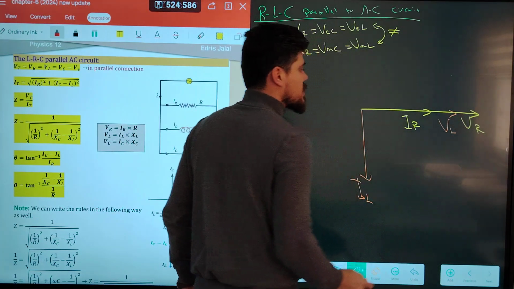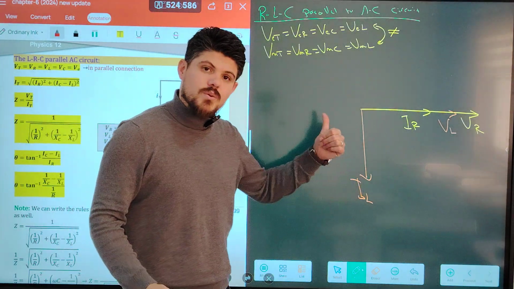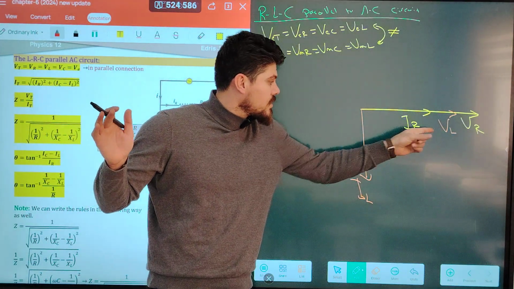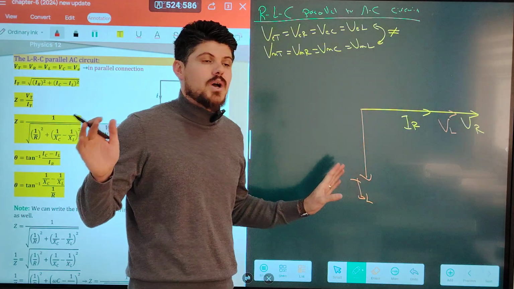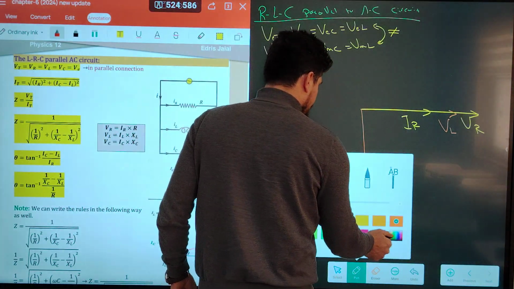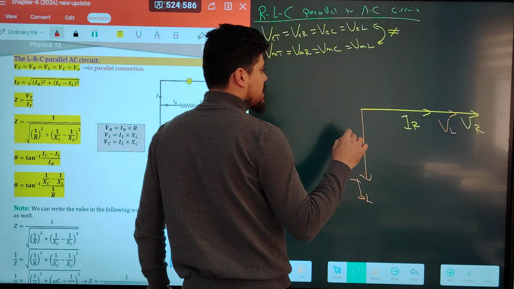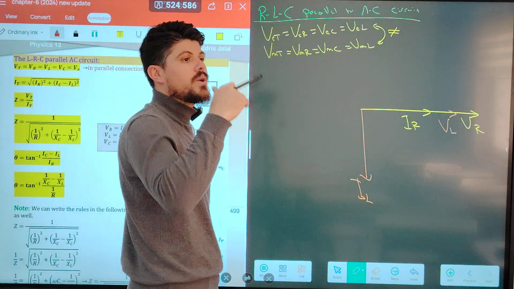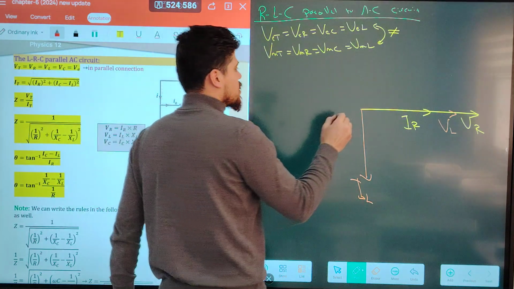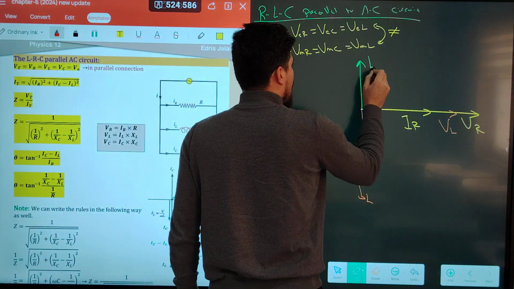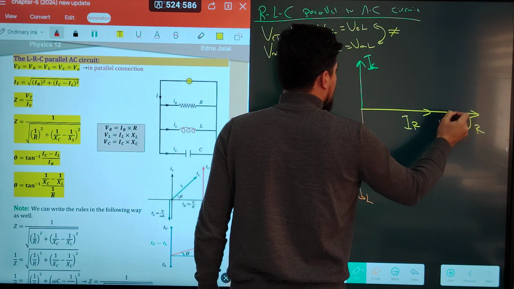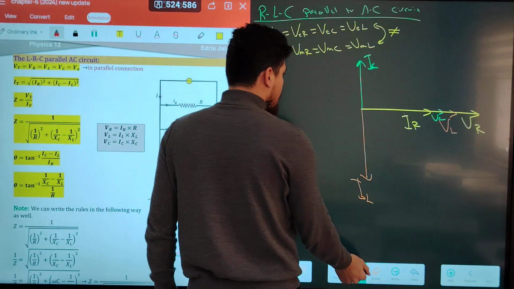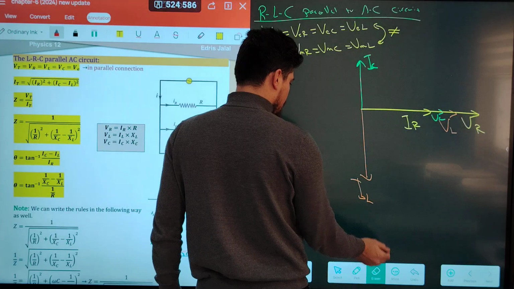Behind potential difference across L. Or you can say potential difference leads the current by pi over 2. For the capacitor of capacitance, potential difference lags behind the current. Or you can say current leads the potential difference. Current IC leads the potential difference across the capacitance. Okay?